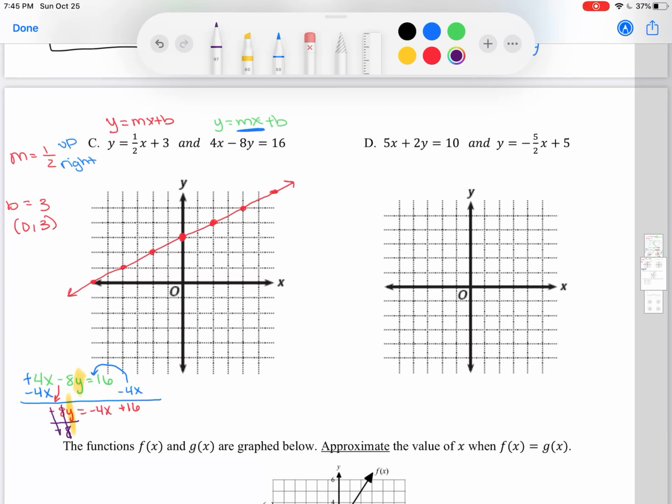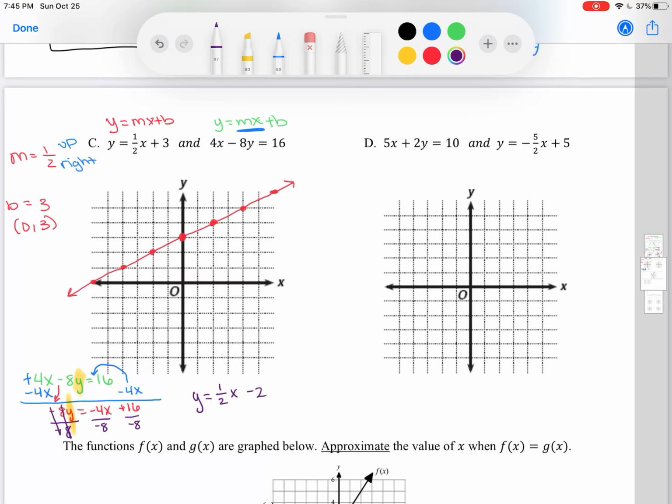So I have to divide not by just 8, but by a negative 8. Because when I divide by a negative 8, both of those will cancel each other out, leaving me with just that y that I'm looking for. And make sure whatever you do to one side, you do to the other. So we have to divide every term by negative 8.